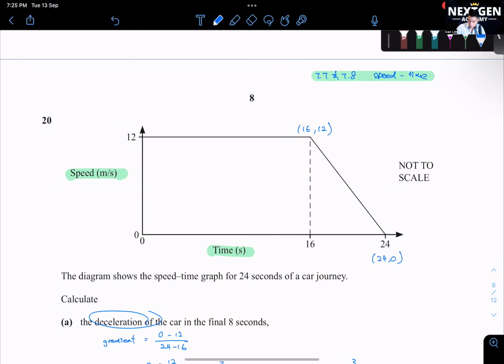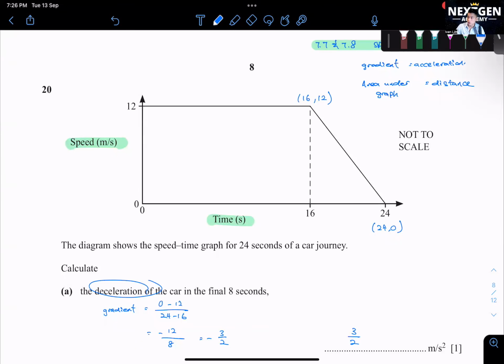So for a speed time graph, what can you find? Your gradient is equal to your acceleration. Your area under the graph is equal to distance. This one you have to remember. Gradient is equal to acceleration. Area under the graph is the distance.